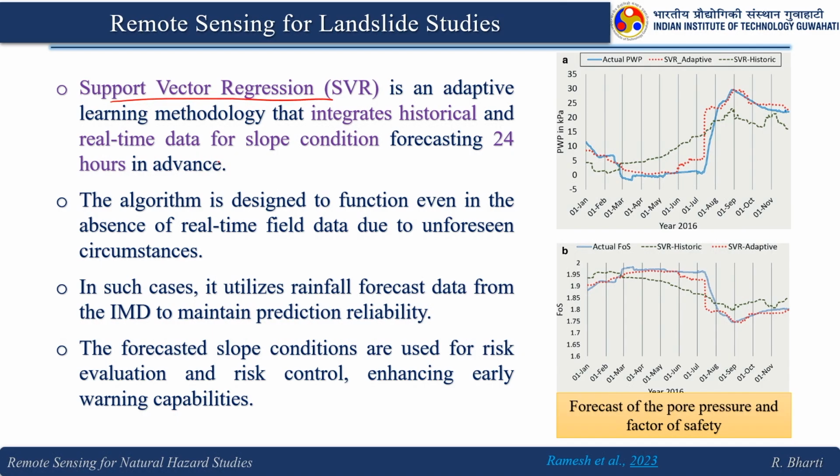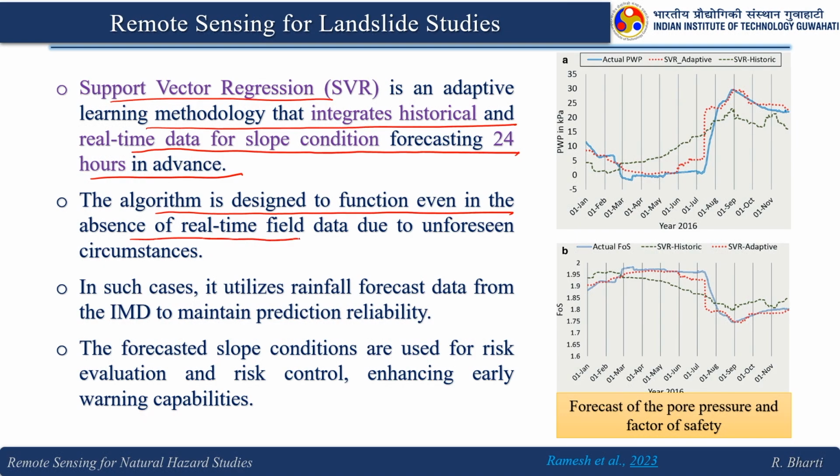machine, which is an adaptive learning methodology that integrates historical and near real time data for slope condition forecasting 24 hours in advance. The algorithm is designed to function even in the absence of real time field data due to unforeseen circumstances.